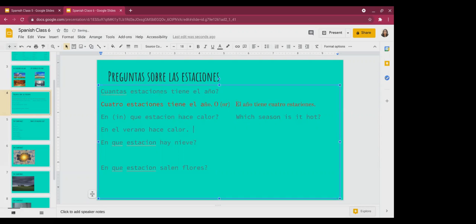What does the answer mean? It is weather. What season is it hot? Calor, right? So remember? In summer it is hot. Yes, in summer it is hot. So that's what this means. In summer it is hot. Okay.